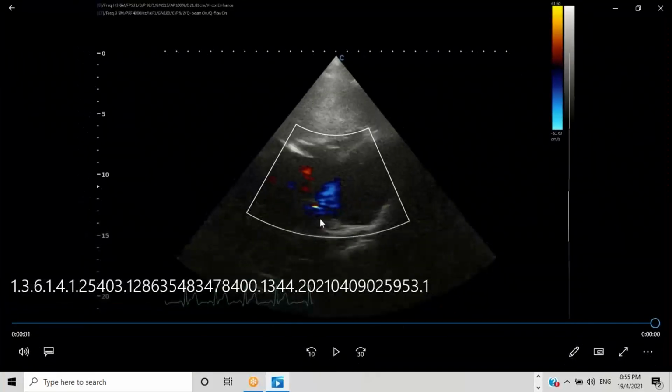You're going to do your color assessment of the different valves. The good thing about the subcostal view is that you have a good view of the ventricular septum and the atrial septum. So if there's a septal defect, you can put your color and identify it. You can also look at the other valves.